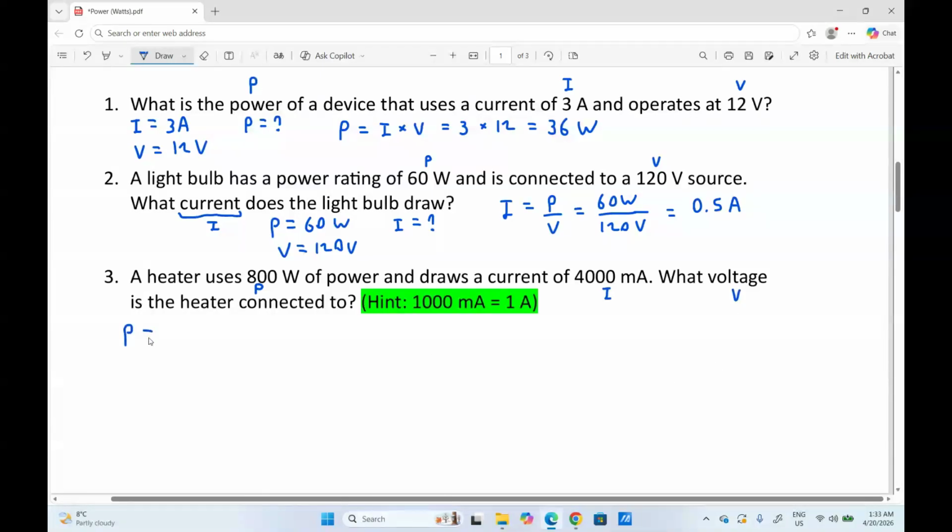So let's write down what I have first. Power equals to 800 watts. And current equals to 4000 milliamps. And then voltage equals to, well, I don't know, but that's what I'm going to look for. So in this case, the formula for voltage would be power divided by current.